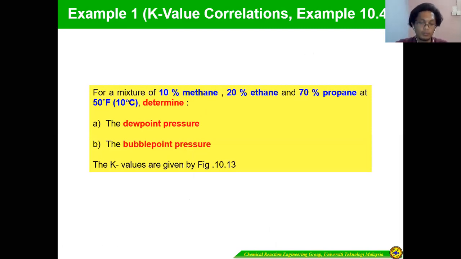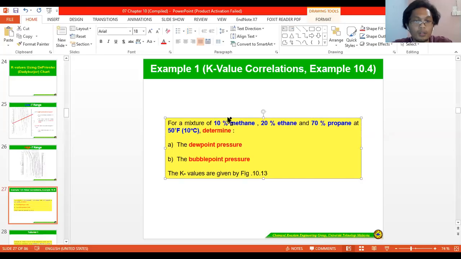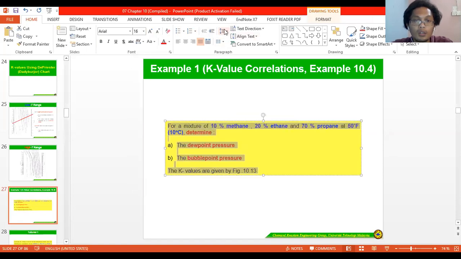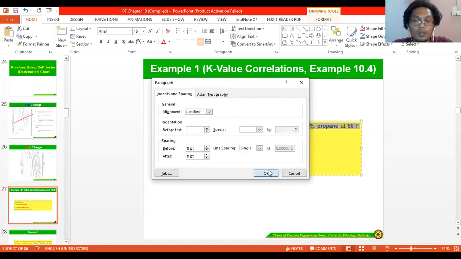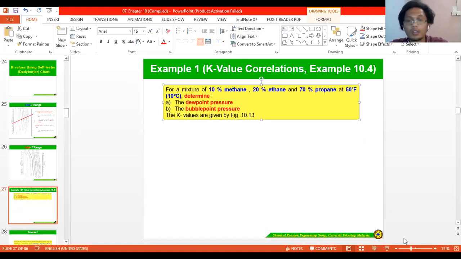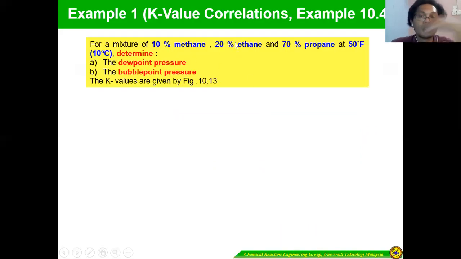Look at here, for a mixture of 10% methane, 20% ethane, and 70% propane at 50 degrees Fahrenheit, 10 degrees C, determine the dew pressure as well as the bubble point pressure.